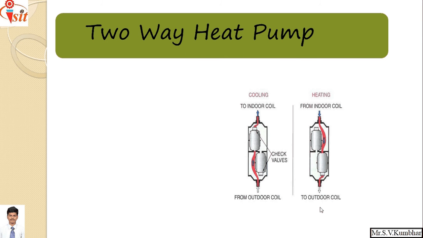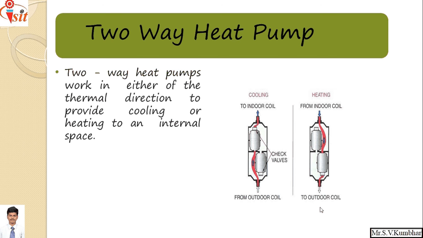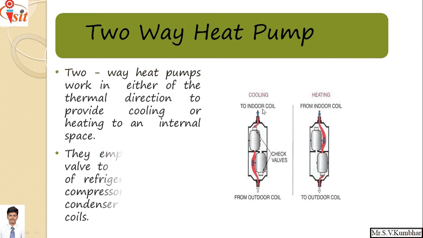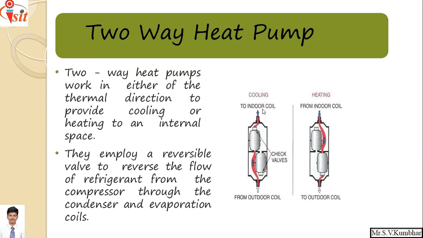So this is the figure of a two-way heat pump. Two-way heat pumps work in either thermal direction to provide cooling or heating to an internal space. So in the first figure, the cooling effect is shown. In the second figure, the heating effect is shown. They employ a reversing valve to reverse the flow of refrigerant from the compressor through the condenser and evaporator.